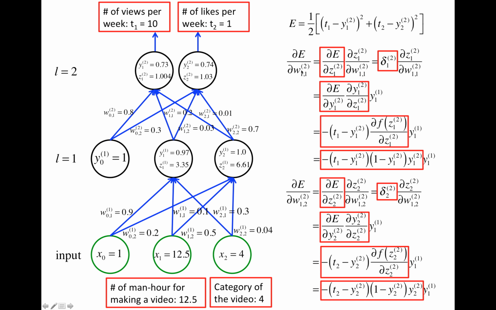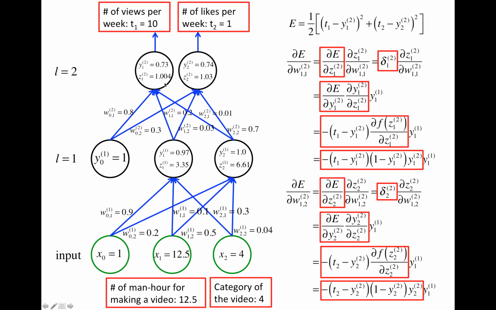If you just look at its subscript, the second index in the subscript is the neuron index of the target, and then the superscript is the layer. So W211 only contributes to the logit Z21.